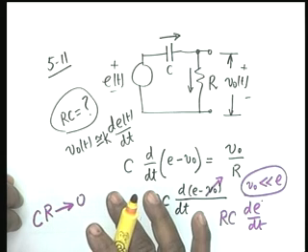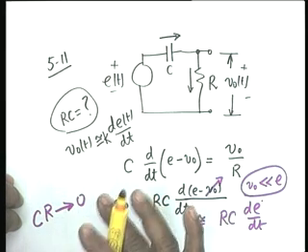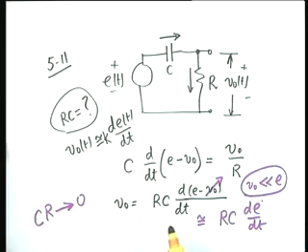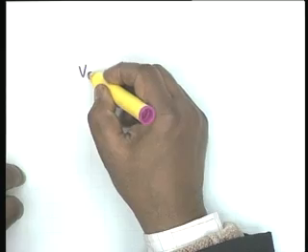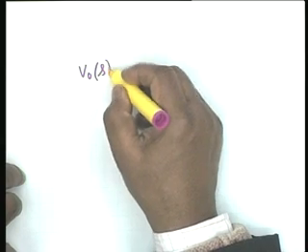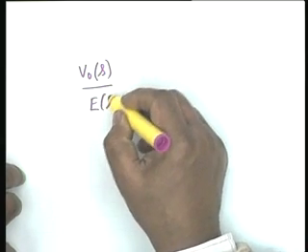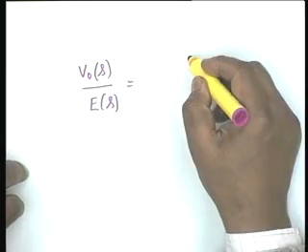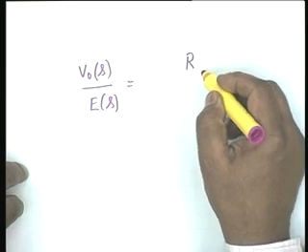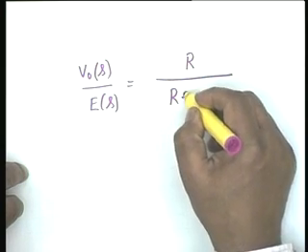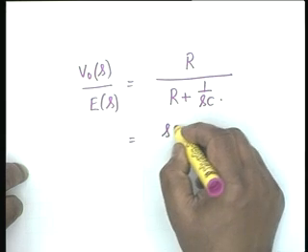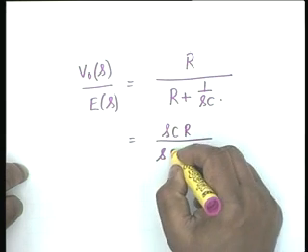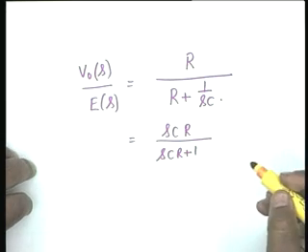Now, this is not as revealing as the frequency domain approach. In the frequency domain approach, we simply write V0(S) divided by E(S) is equal to R divided by R plus 1 over SC, a potential division, and this is equal to SCR divided by SCR plus 1.